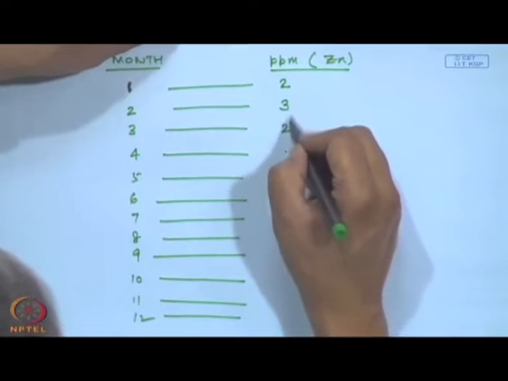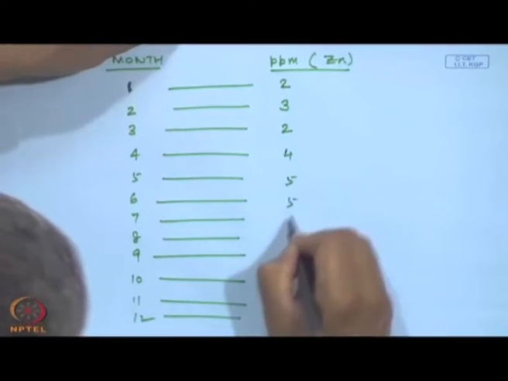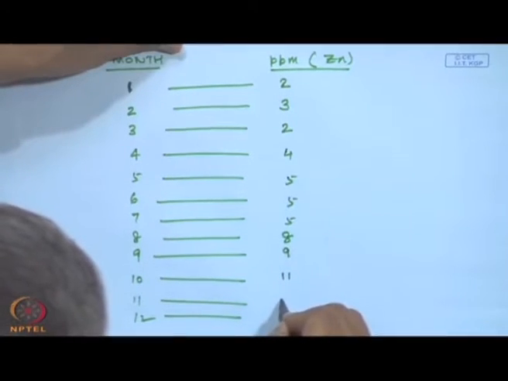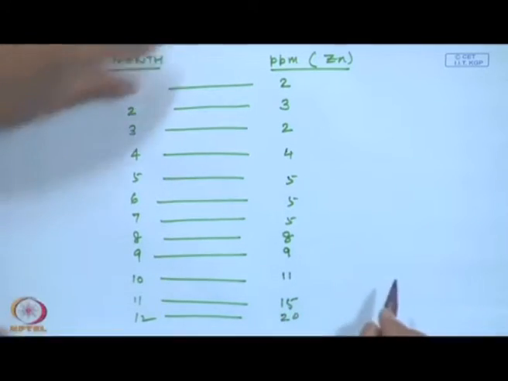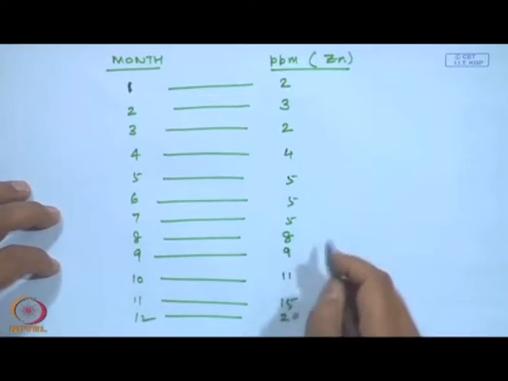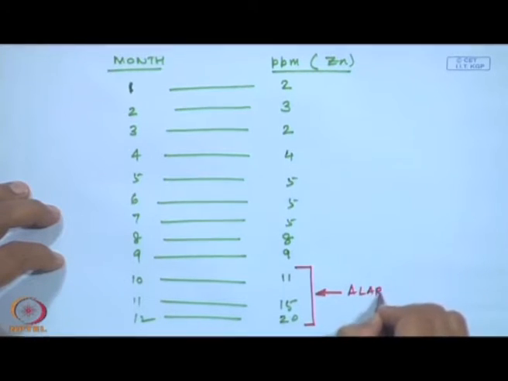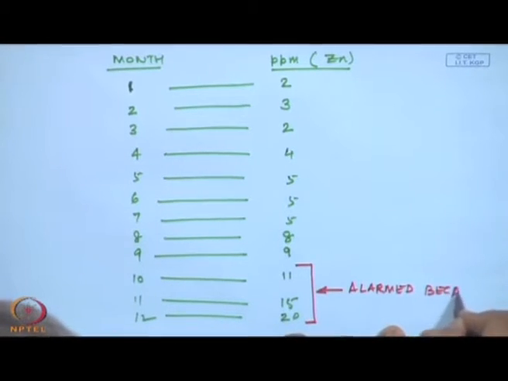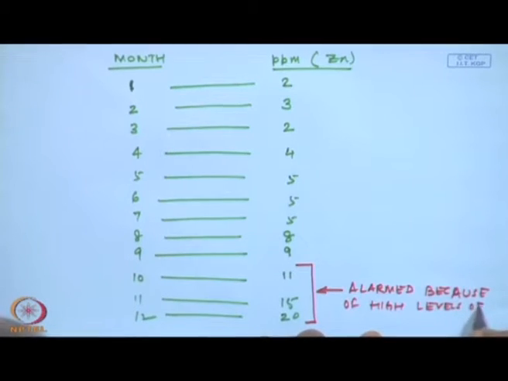This could happen because of measurement error. Once it is 3, then again it is coming down, but then 4, 5, and constantly 5, and then you see it suddenly rises. And you see towards the end, this is when you need to be alarmed because of high levels of zinc.